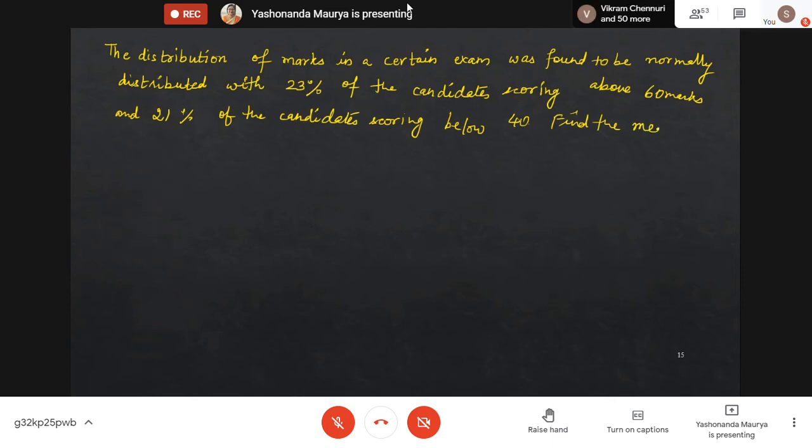Find the mean and the variance of the distribution.